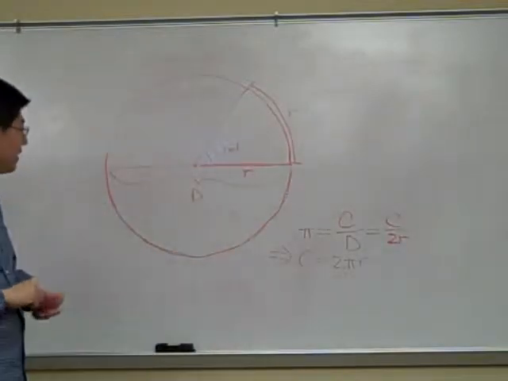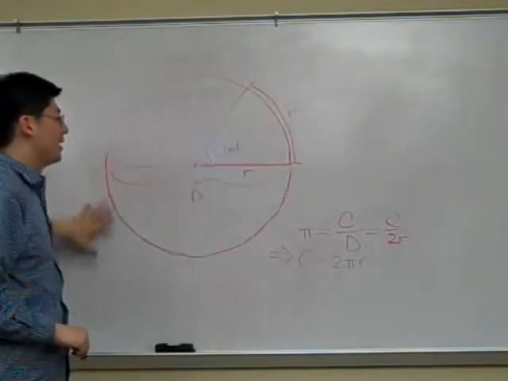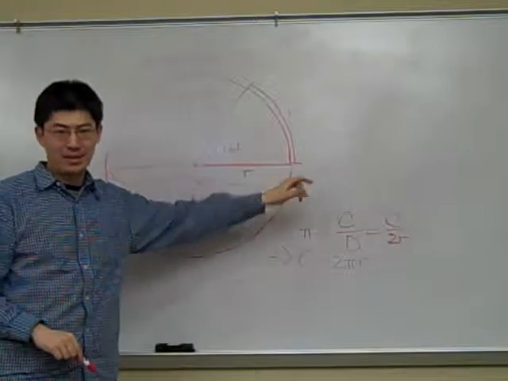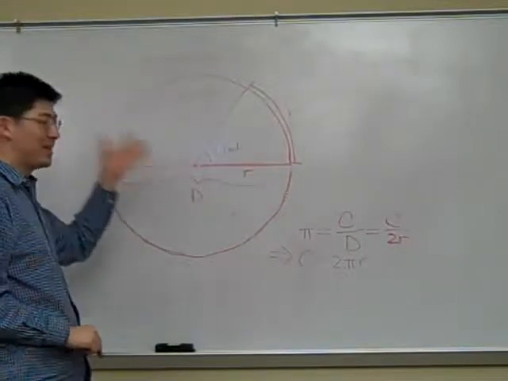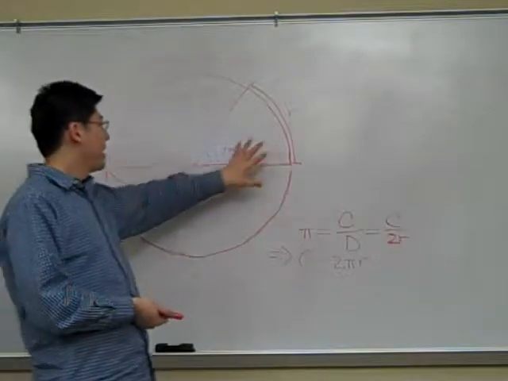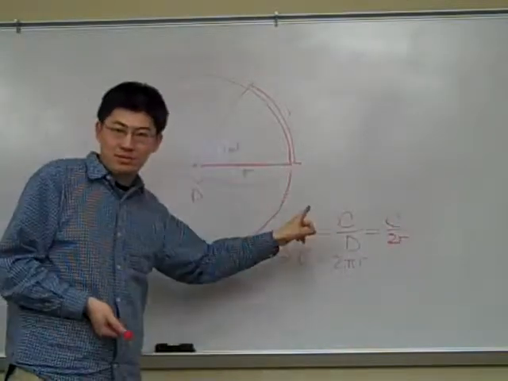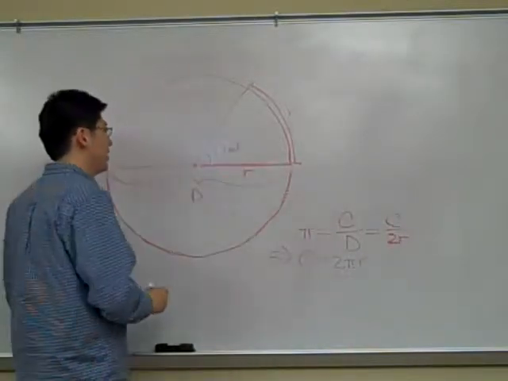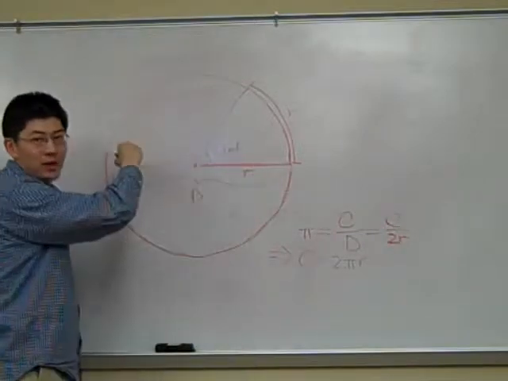So the circumference of a circle is 2 pi times the radius, just by the definition of pi. And so, how many radius lengths are there around a full circle? There are going to be 2 pi radians around the full circle.